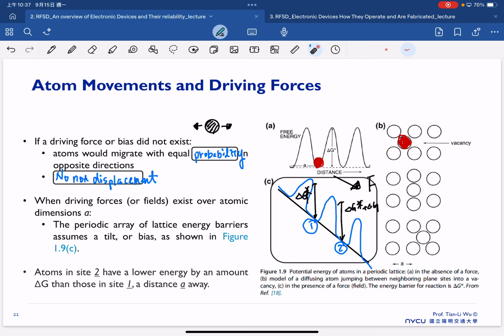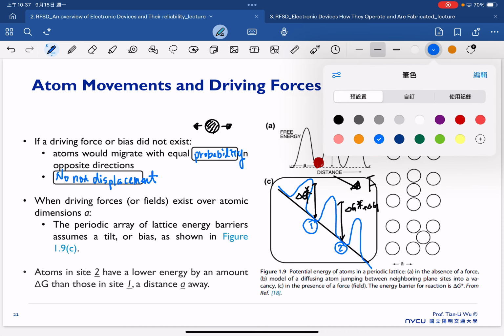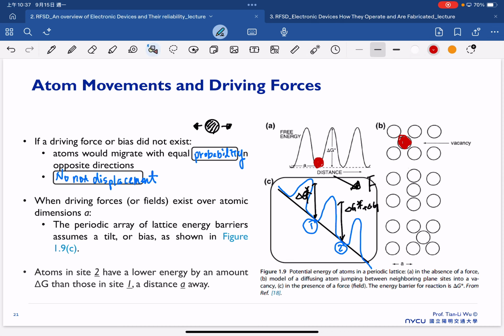So when a driving force is exerted over the dimension A, the periodic array of lattice energy barriers will tilt, as shown here. There's a tilt, and now site 2 has a lower energy than site 1.